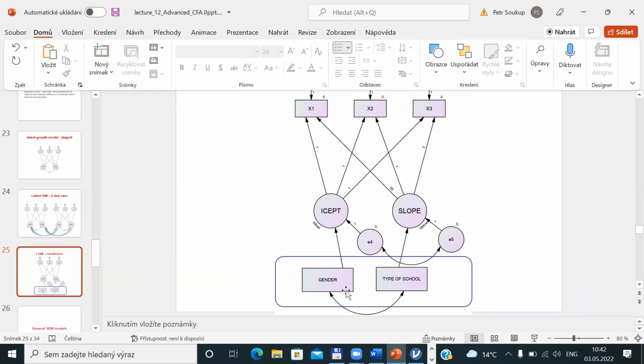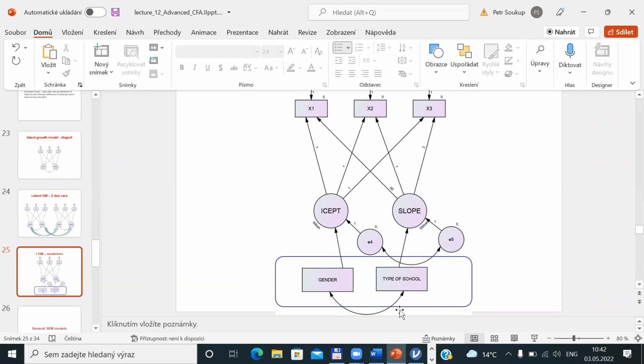So that's why I'm saying, okay, boys and girls will be different at the beginning. That's why I am linking gender to the intercept. Here, for example, I am linking type of school to the slope. So it means I'm saying that maybe in some schools there would be a bigger increase, and for some there will be a slower increase or even a decrease. So I can add predictors to these intercepts and slopes, and you can see that these predictors could also be related to each other. So that's about these models.